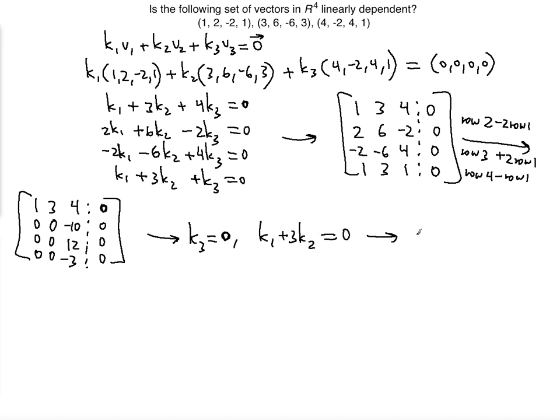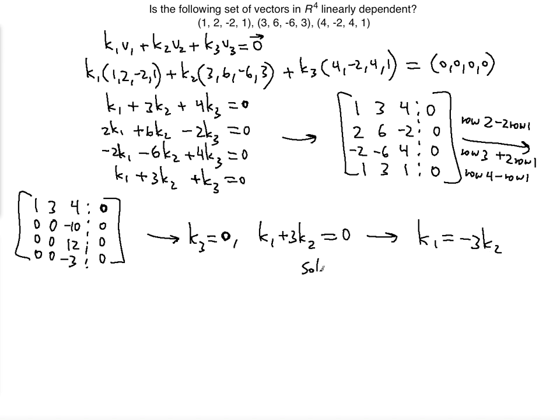That means k1 is equal to negative 3k2, if you subtract 3k2 on both sides. So what does that mean? It means you can set 0 for k1 and k2 and it will work, so the trivial solution works. But it's not the only solution, because k1 depends on k2.